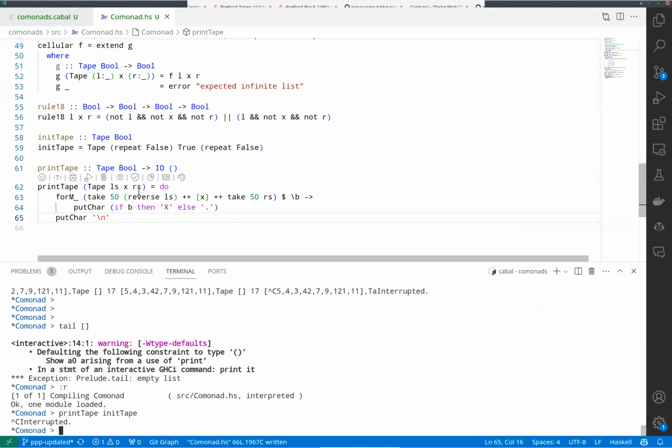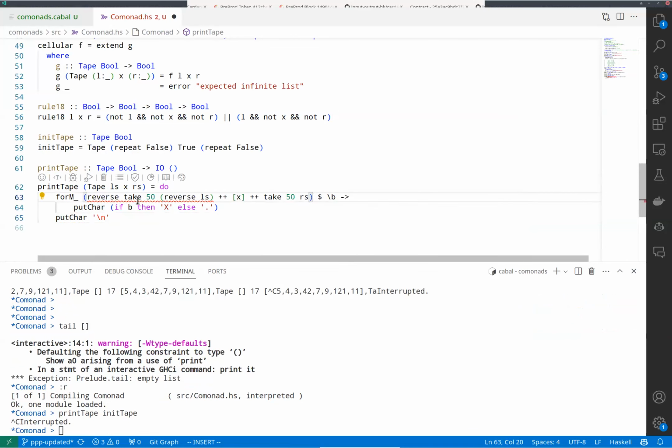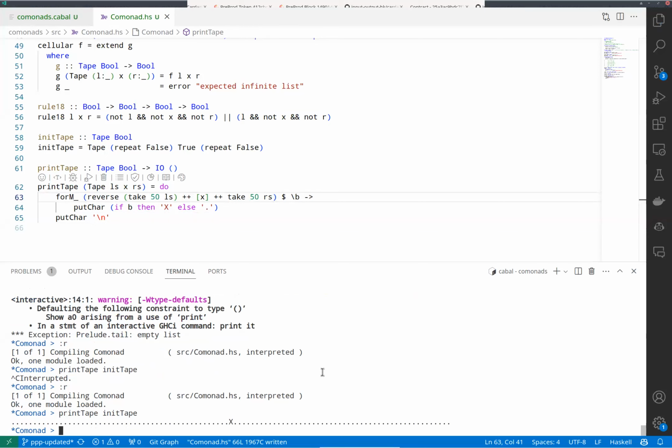I must first take 50, obviously, and then reverse, because I'm trying to reverse an infinite list here. Sorry. Well, let's try this. Okay, looking good.